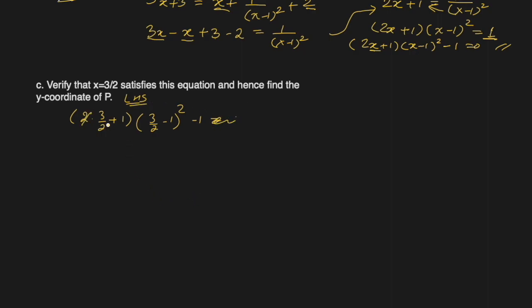Okay, 2 and 2 cancel, 3 plus 1 is 4. Then 3 over 2 minus 1 will be half, squared, minus 1. So 4 times 1 over 4 minus 1. 4 and 4 cancel. 1 minus 1 is equal to 0, which is the right hand side. We verified.